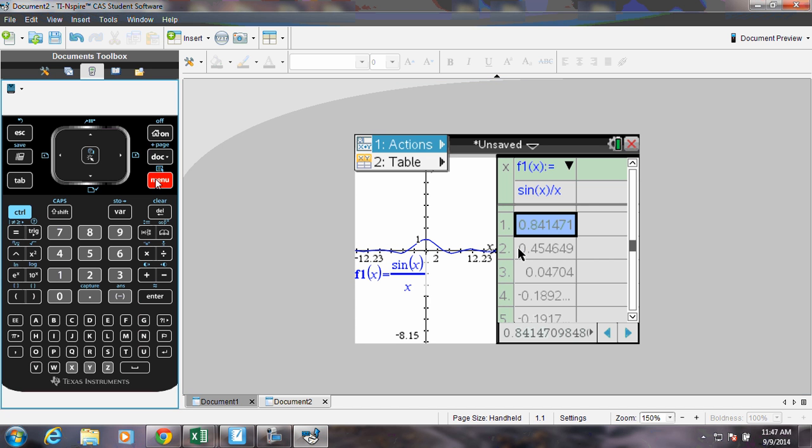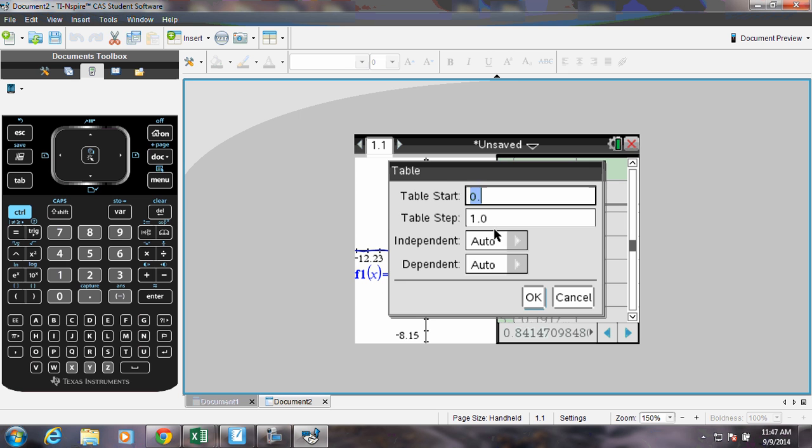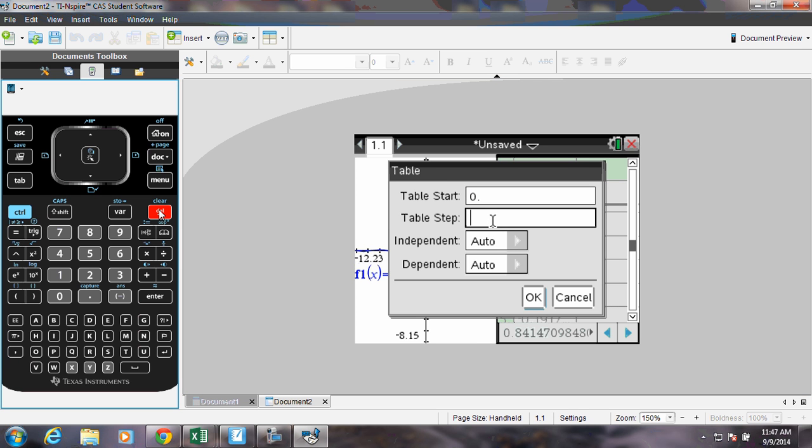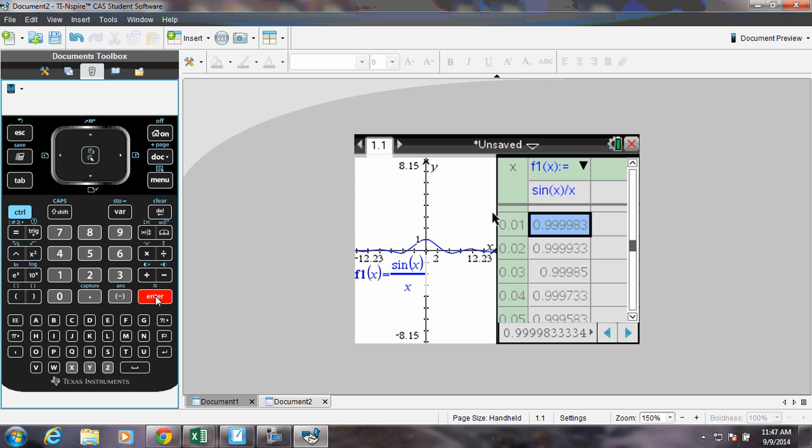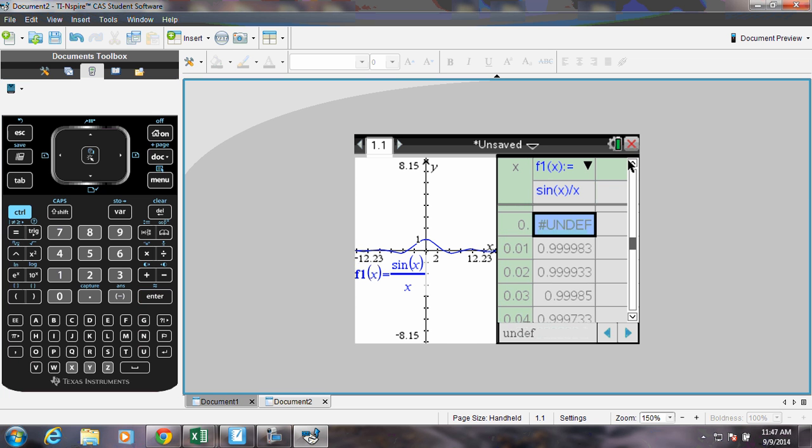We'll go back in, change the settings so that we'll start at 0, and we'll pick 0.01. Click Enter, and we can scroll up, and what are you seeing right around it? Pretty close to 1. So we can look at the graph and use that as a piece. We could use a visual representation of our function to try to guess the value. We could use the numerical expression with the tables to try to guess the value of our limit.